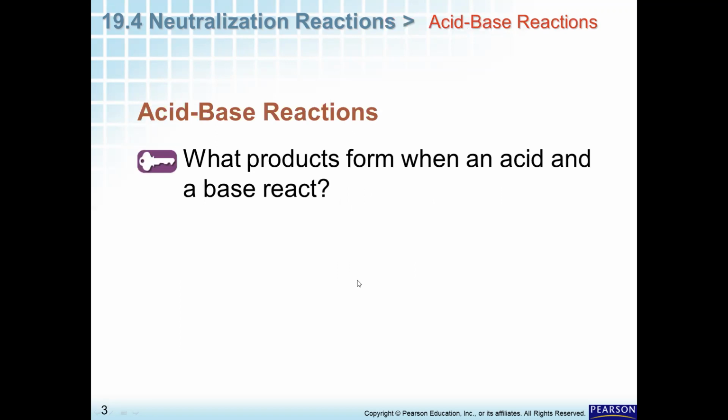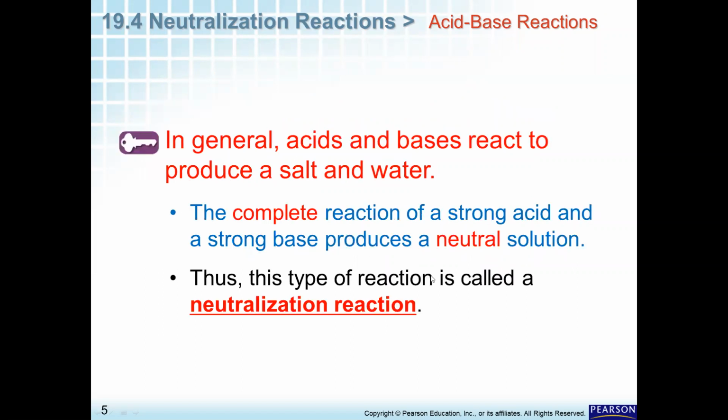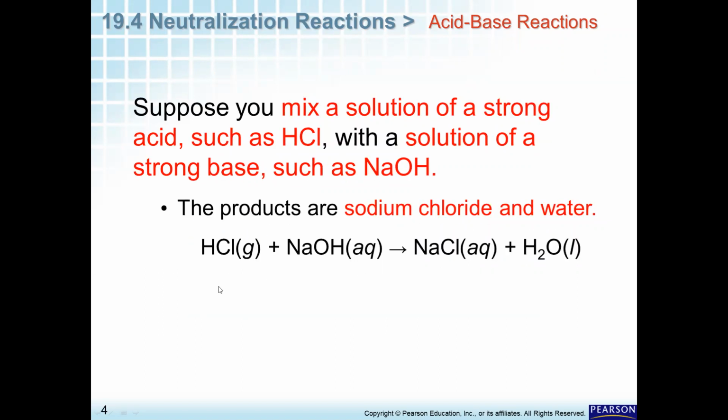Anyways, moving on with acids and bases, when we mix a solution of acid with a base, usually we produce a salt and water. As you can see here, hydrochloric acid is mixed with sodium hydroxide. They will react to completion, producing sodium chloride and water.